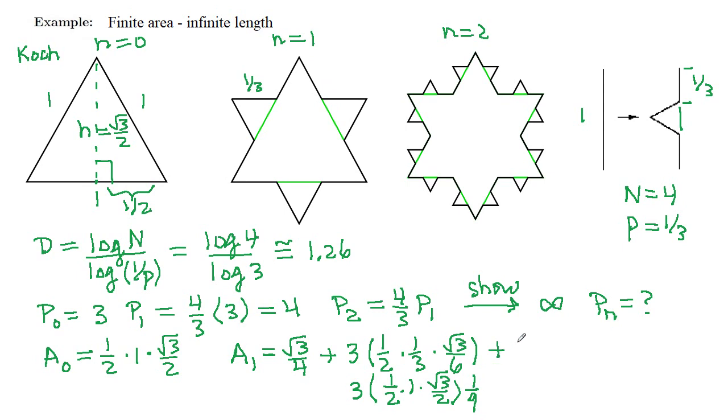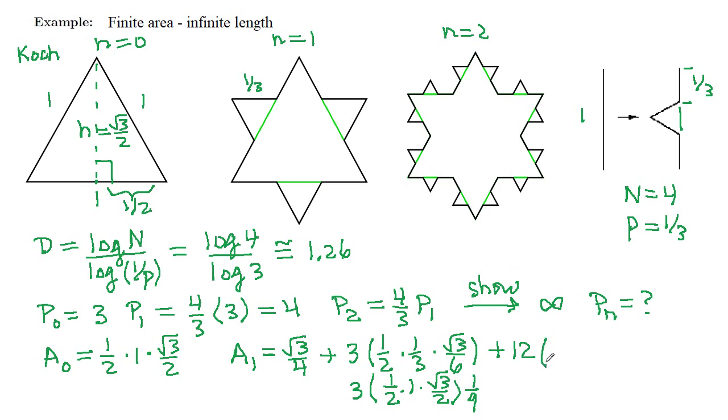And then for the next step, you're going to add on 2, 4, 6, 8, 10, 12. So you're adding on 12 triangles. And again, these smaller triangles, base and height, are each 1/3 of the previous level. So that's 1/9 of the area of the previous.